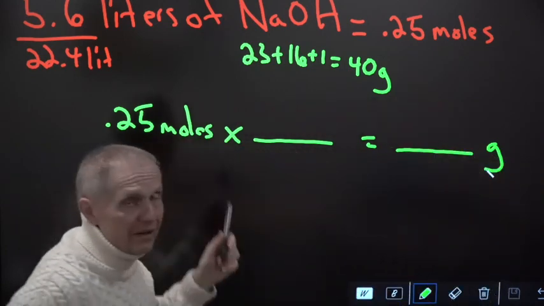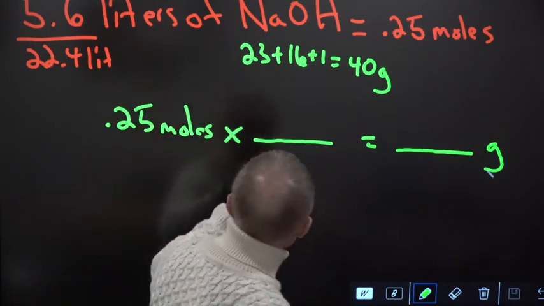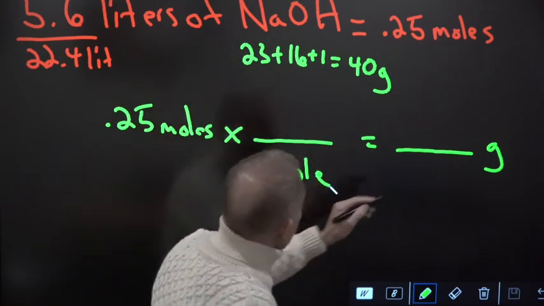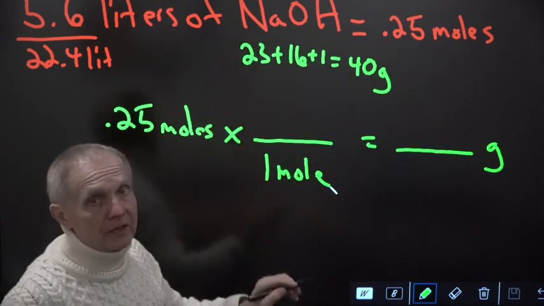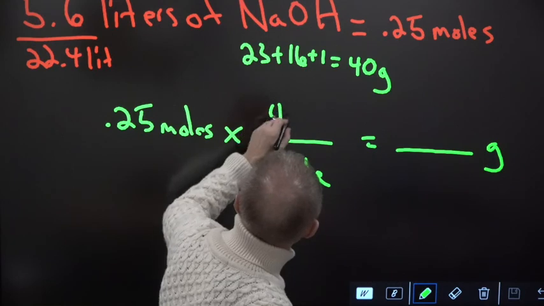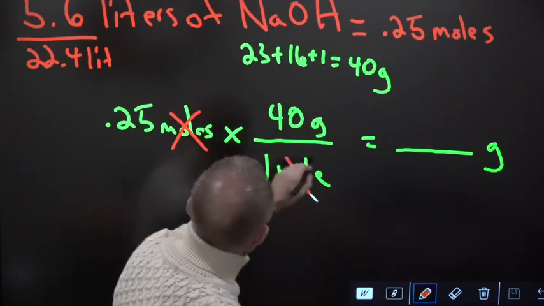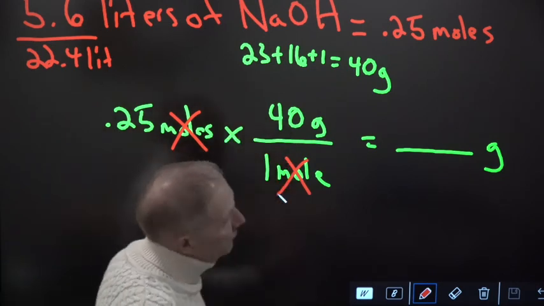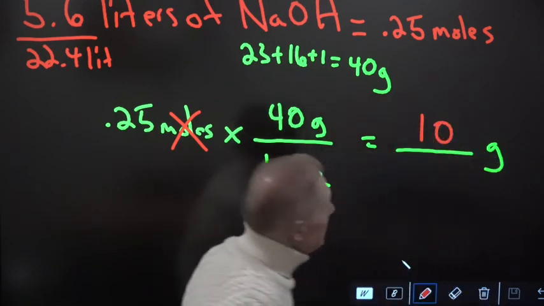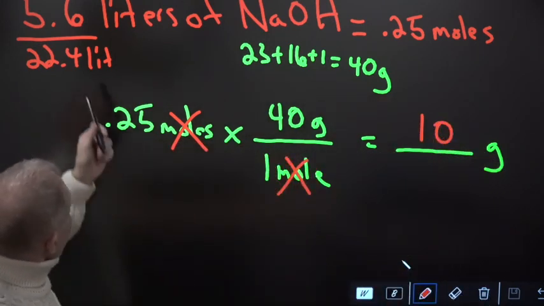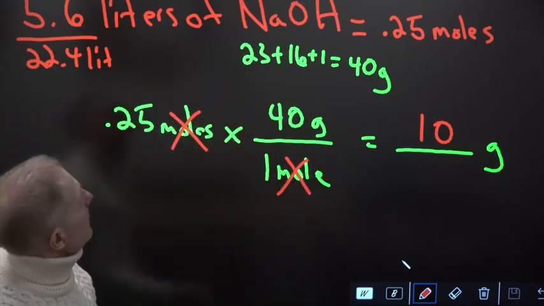So look, I want to get out of moles. Whatever unit you want to get out of, you got to put on the bottom. So I'm going to put 1 mole on the bottom. And I want to get into grams. Well, what's equal in grams to 1 mole of NaOH? 40. So look what happens. My moles cancel out, and it would be 0.25 times 40, which is 10 grams. So that's how you can figure out how many moles and then how many grams.